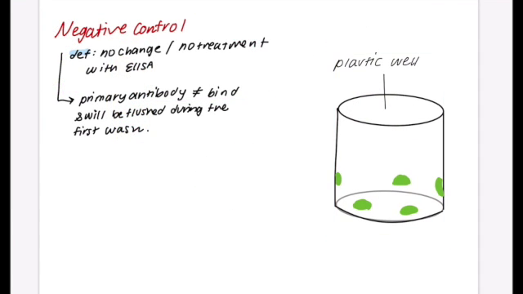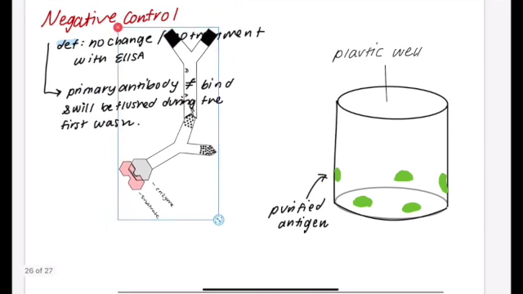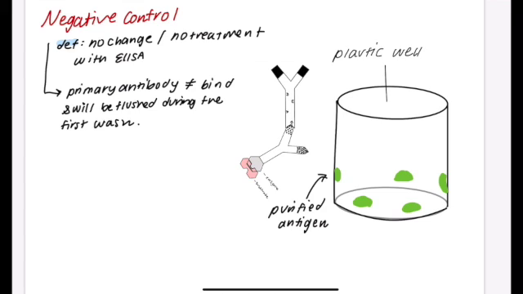So now we have our second discussion, which is a negative control. A negative control is essentially a no change or no treatment change with ELISA. Our first control option is having a primary antibody that doesn't bind and will therefore be flushed during the first wash. This can be seen when we don't actually have any primary antibody, which contains antibodies from the virus.